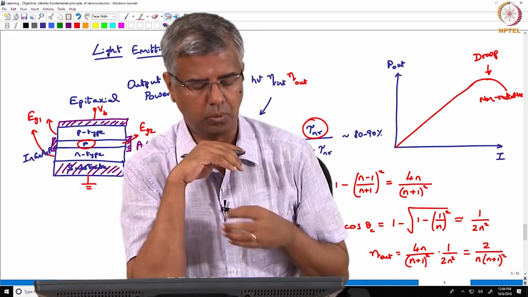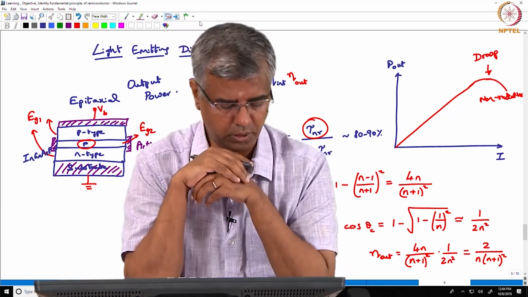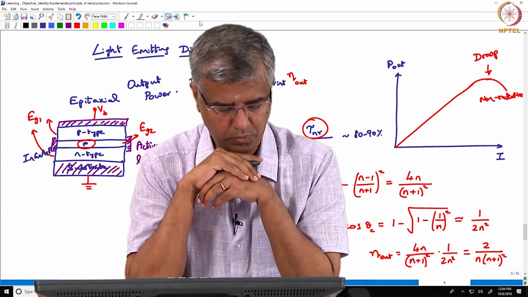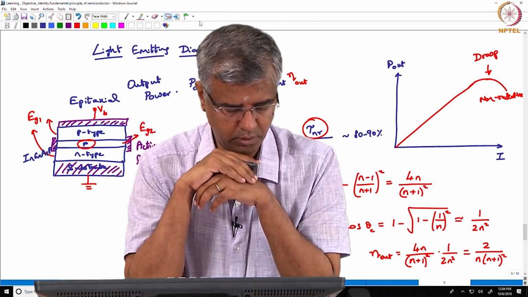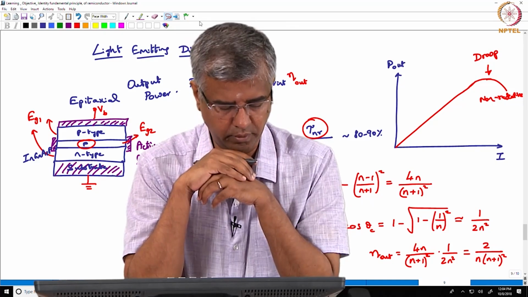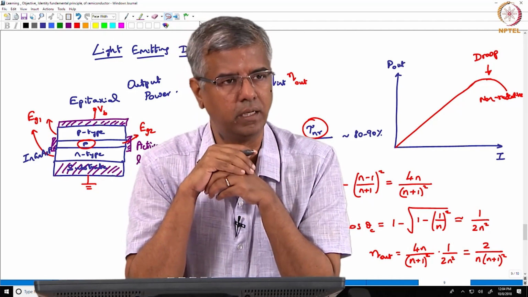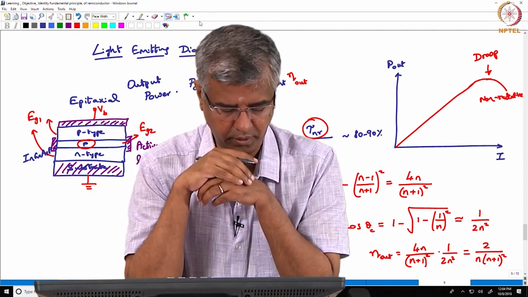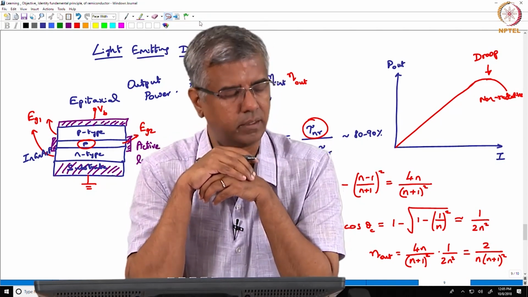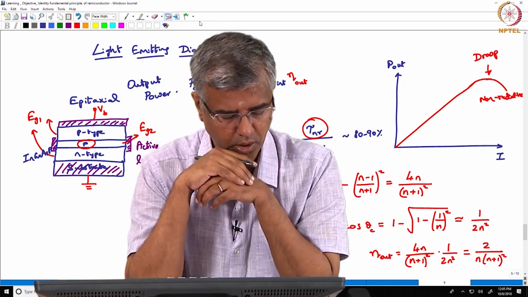So, we talked about a structure as shown on the left side of your screen, wherein the p type and n type are actually made of material with higher band gap energy compared to the one at the center or in the middle.